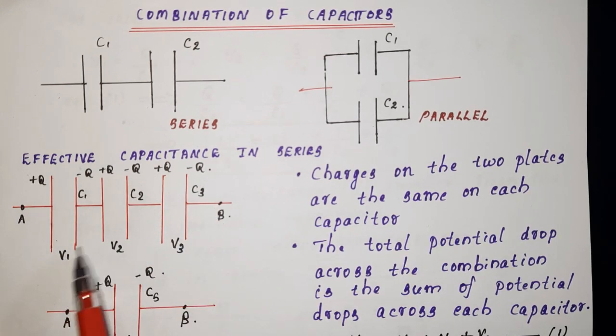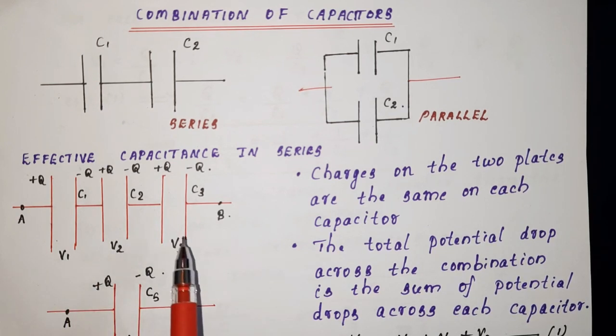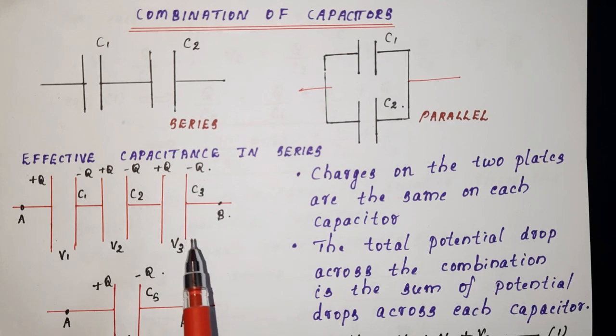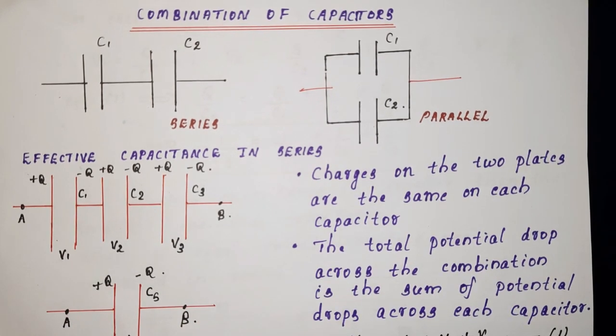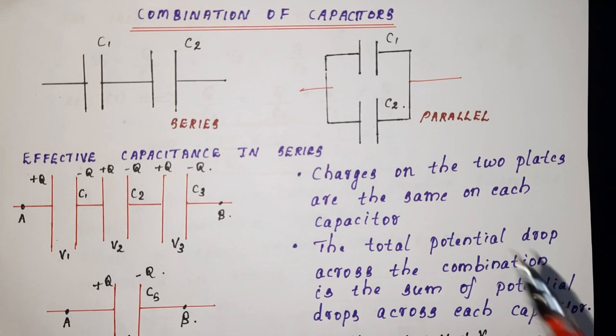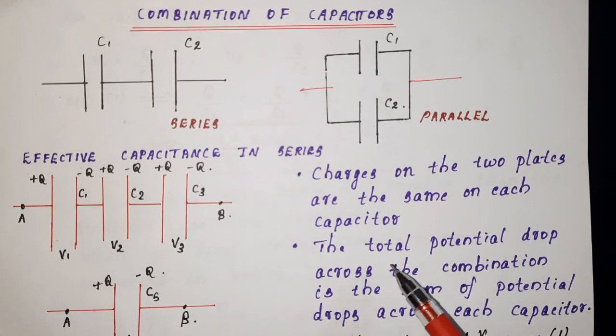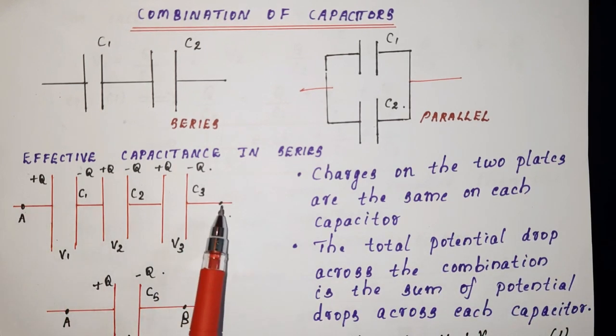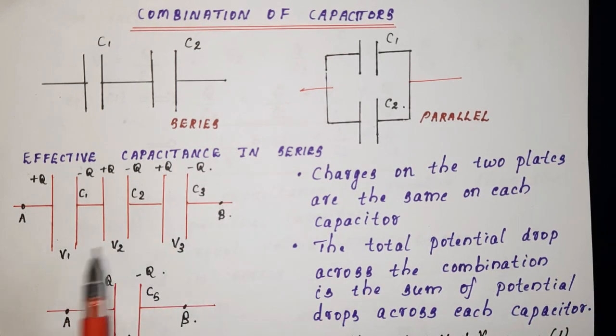It will be the sum of potential differences V1, V2 and V3. That means the total potential drop across the combination is the sum of potential drops across each capacitor. These two points are very important with regard to series combination.